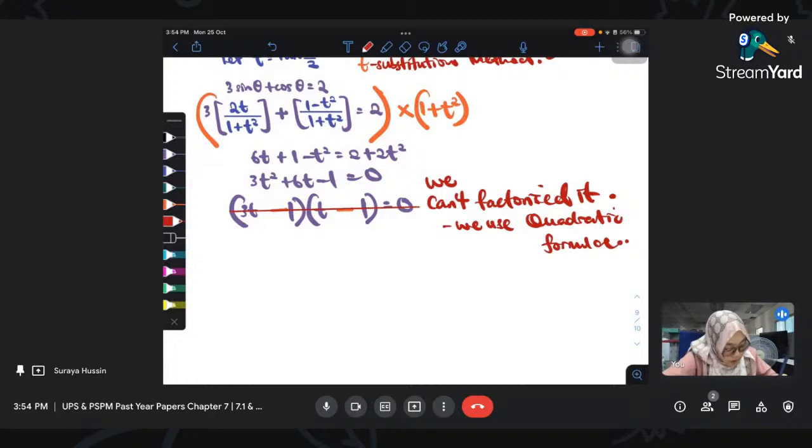Very easy. So t is equals to negative, guna t ya sebab kita tengah bercakap tentang huruf t.